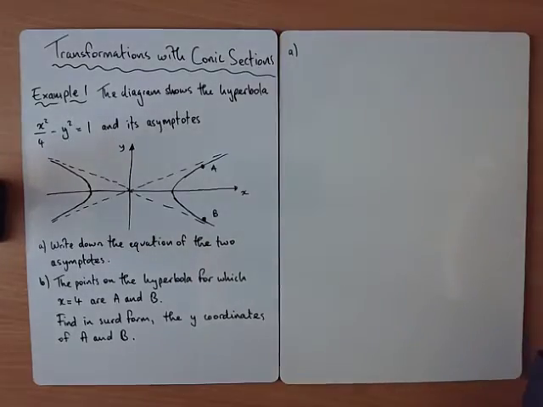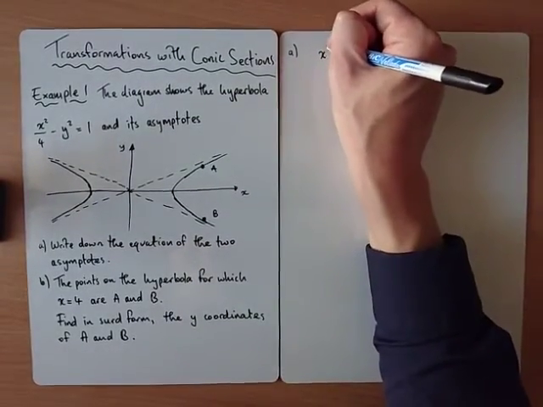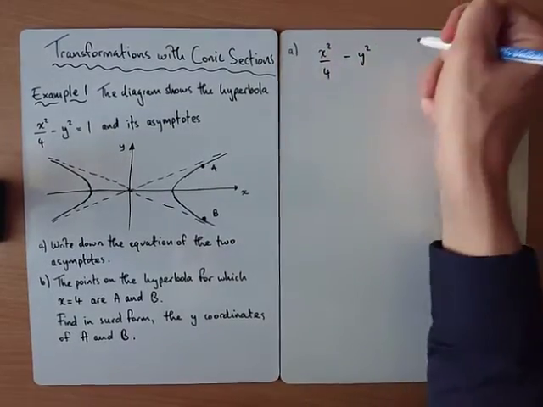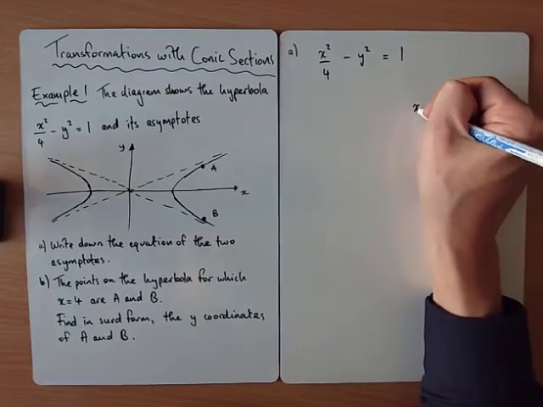Okay, so for the first part, if you want to find the equations of the asymptotes, look at the equation of the hyperbola. You always want to compare it with the general form.